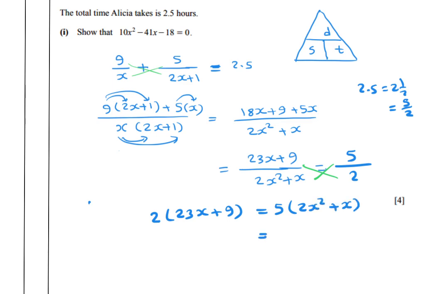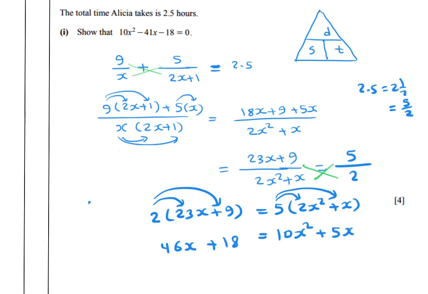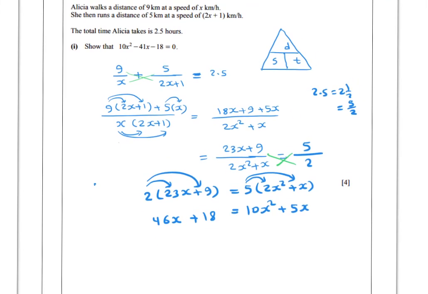Now expand 2 times 23, so 46x. 2 times 9 equals 18. 5 times 2x squared equal 10x squared. 5 times x equal 5x. Now put them all in one side.